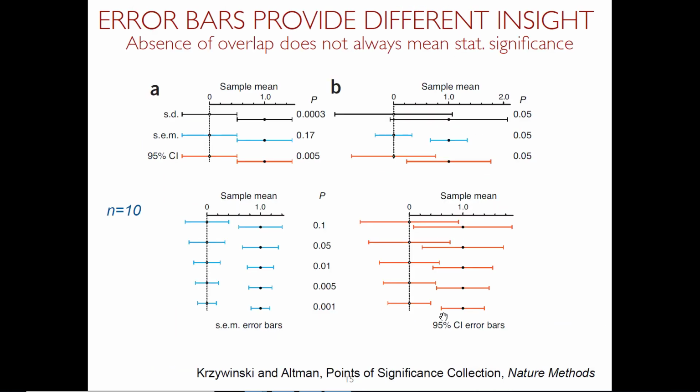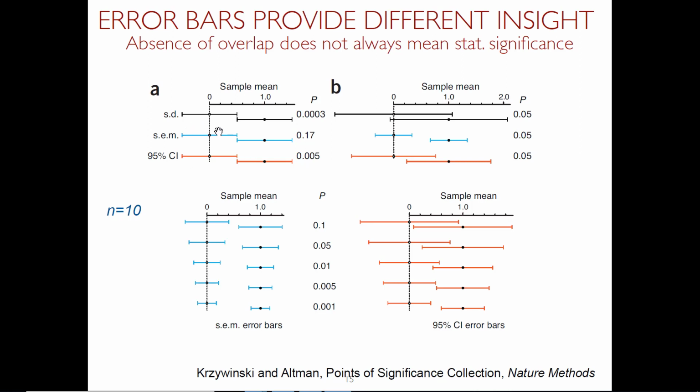So this is again from the Points of Significance vignette. Here they looked at 2 populations and said the difference between the groups is 1. And they provided these 3 types of error bars which look identical, right? The edges touch. This is standard deviation, this is standard error of the mean, and this is confidence interval.